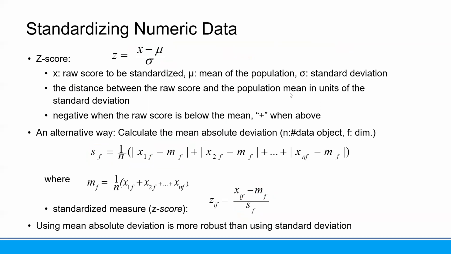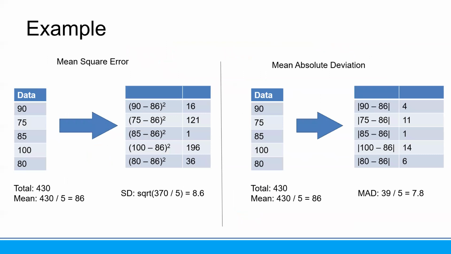Maybe I can show you an example here. As I remember, we already learned a little bit about this calculation based on the Pearson correlation. So I want to show you another example.